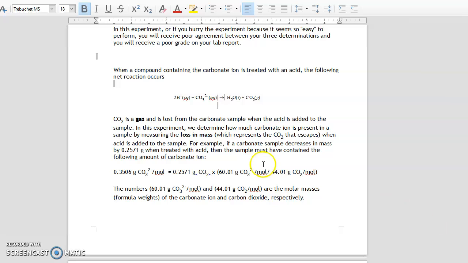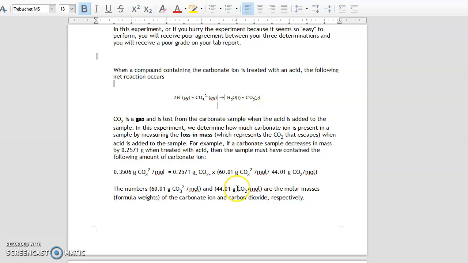So the whole thing is that if carbonate sample is decreased in mass by a certain amount, what that means is that because of the ratio of 1 mole of this to 1 mole of this in this reaction, and this is a balanced reaction, the weight lost, which would be this material right here, means that you had that much weight here. Now, the weight of this particular ion is 60.01 grams per mole.